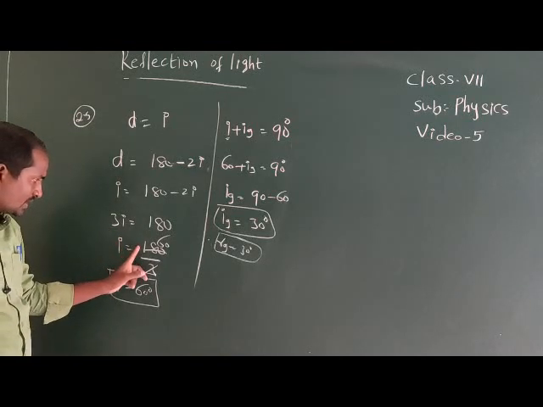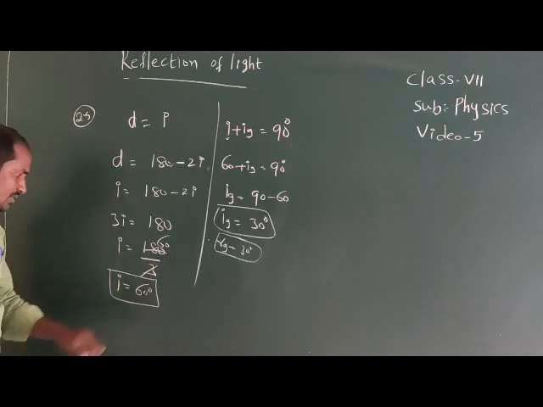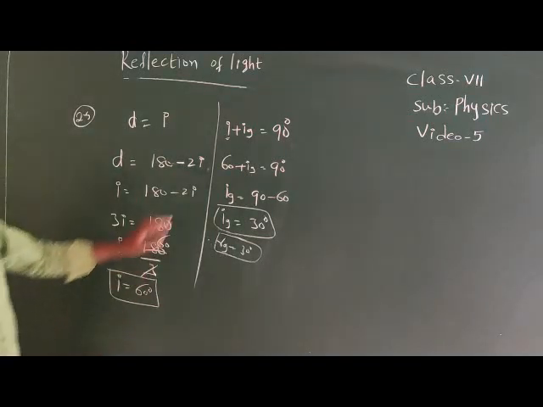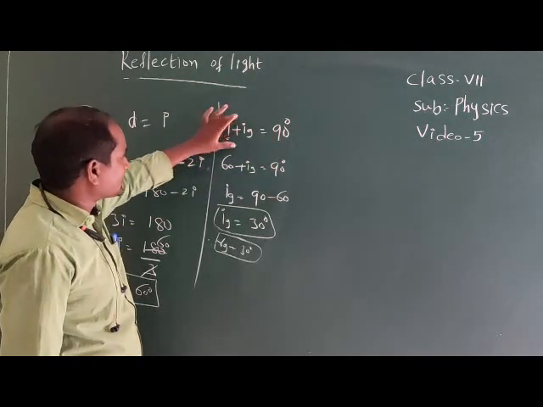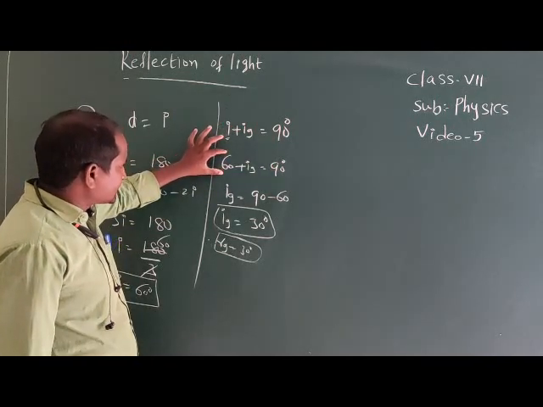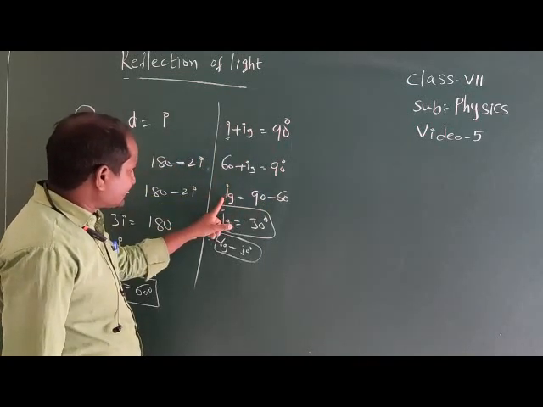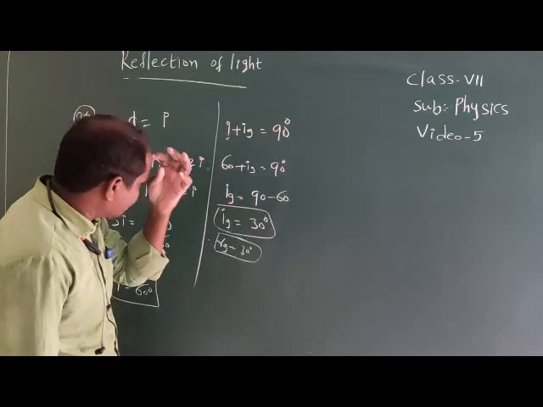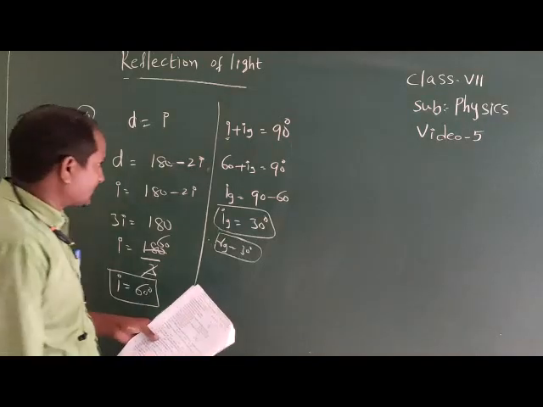Therefore i equals 180 by 3, so i equals 60 degrees. So i plus i' is equal to 90 degrees, from the laws of reflection. 60 plus i' is equal to 90 degrees. Therefore i' is equal to 90 minus 60, that equals 30 degrees. i' is equal to 30, therefore r' is also 30.